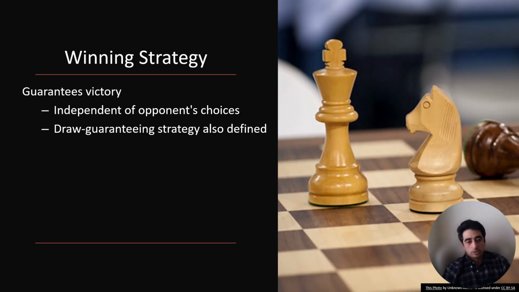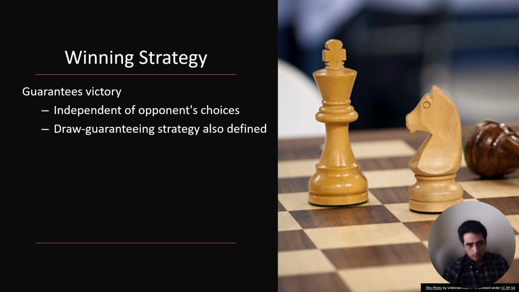Before we get to the nitty-gritty of modeling the game of chess and showing you all the mathematical formulas and symbols, I'd like to quickly define the winning strategy in an informal way. The winning strategy is a strategy that guarantees the victory for one of the sides, independent of the opponent's choice.